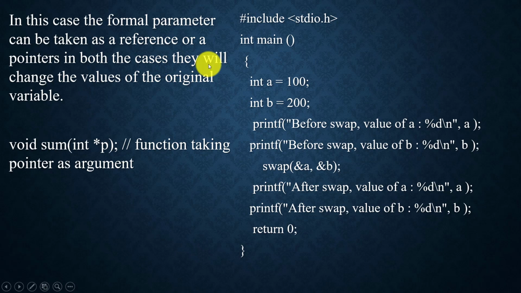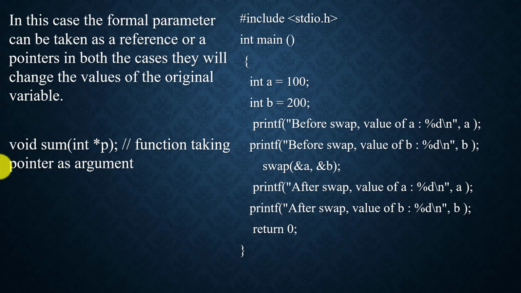In both cases, they will change the value of the original variable. We discussed that in call by value the actual values are not changed, but in call by reference the actual values might get changed.